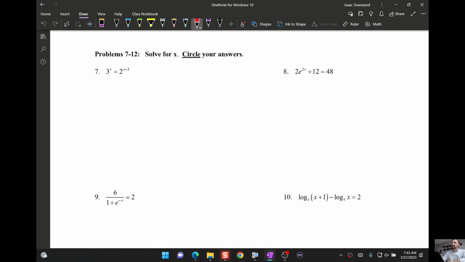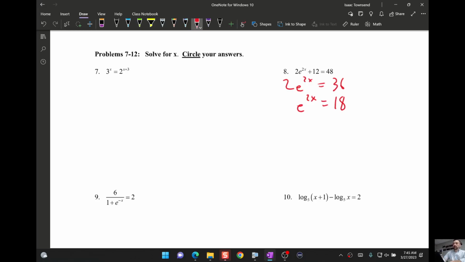But in number 8, you could have started off by subtracting 12 from both sides and dividing both sides by 2. That didn't involve any logarithms yet.